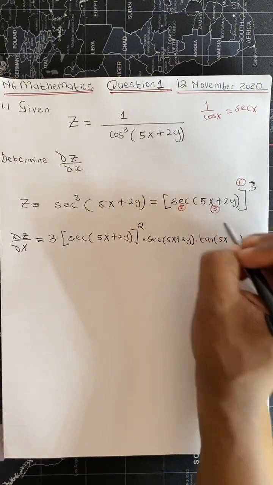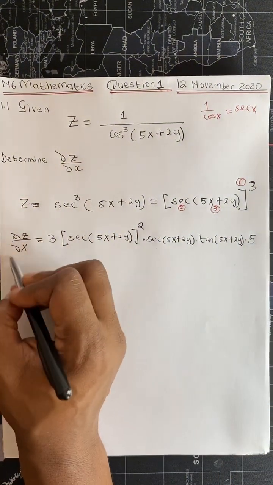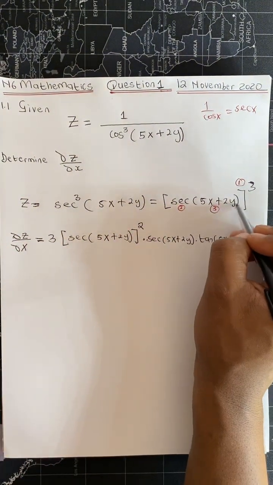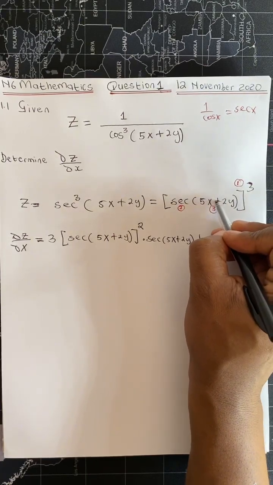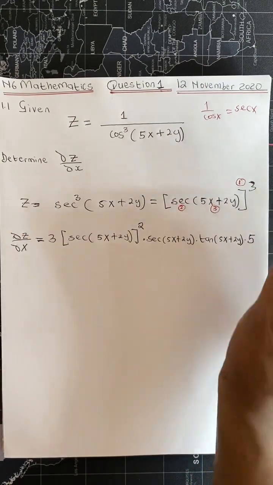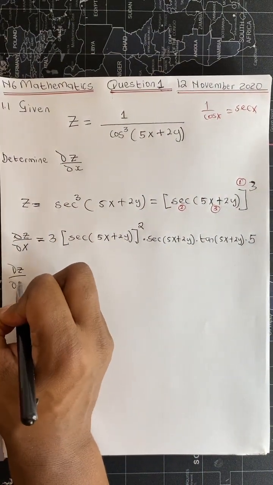The derivative of 5x will be equal to 5, and because we are differentiating with respect to x, that y we treat as a constant, so the 2y will be treated as a constant, and the derivative of a constant is equal to 0.